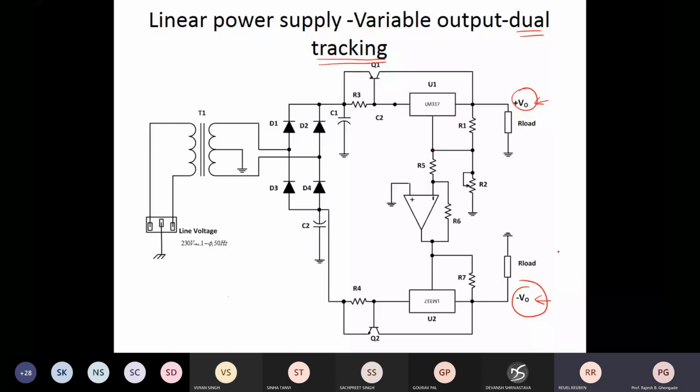Okay. Yes, sir. So now, if I change the voltage at this point, I mean, if I vary this pot, this voltage is going to change. Agreed? Yes, sir. Okay. Now, based on that, we already know how this LM317 will work. Correspondingly, it will change the output voltage.